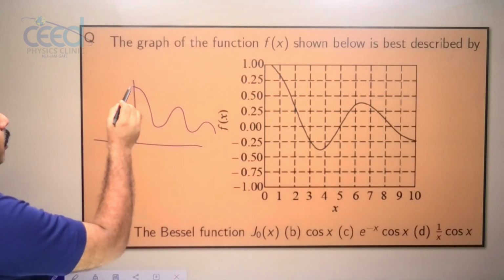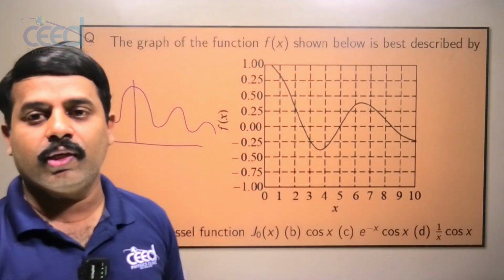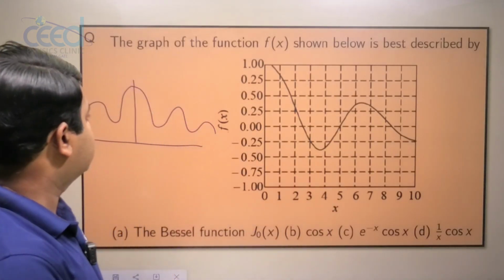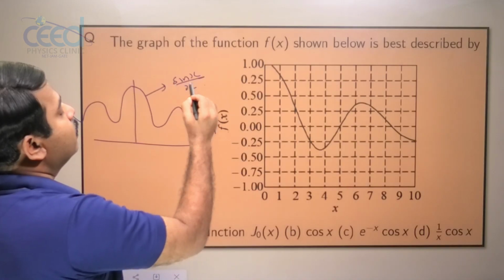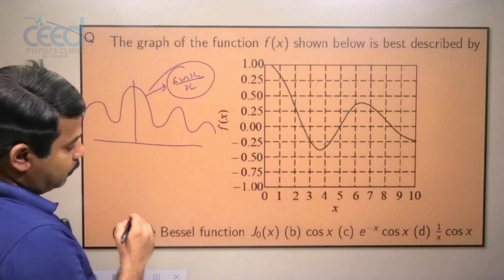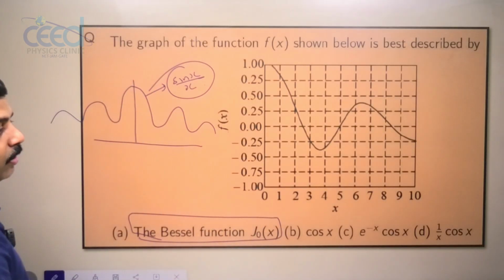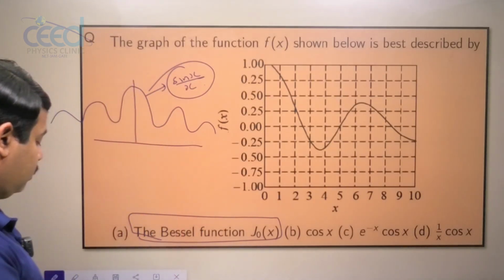If you draw on either side, it would be like this only. This is an intensity distribution in a diffraction pattern. This graph represents sin x by x. What is sin x by x? That is Bessel function J0 of x.